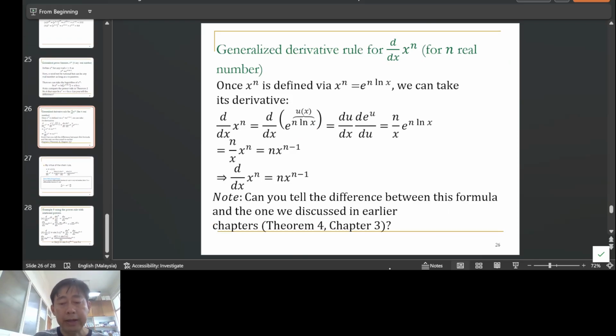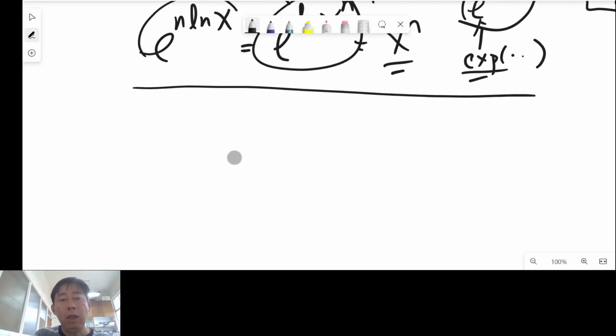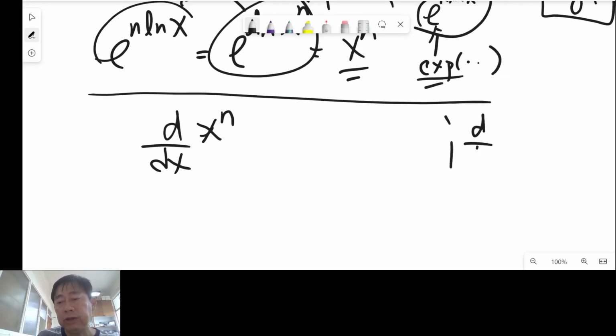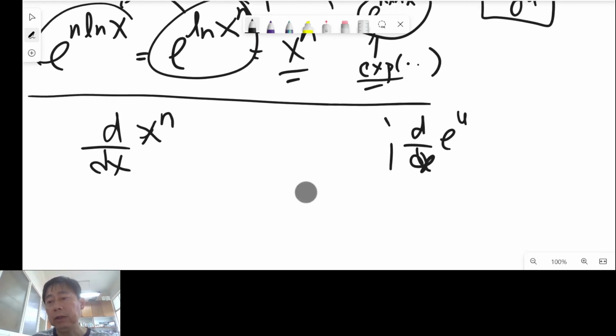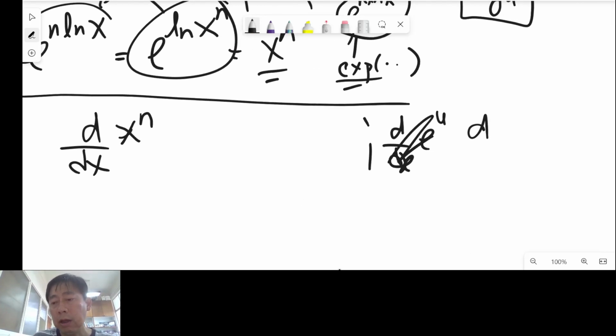The next thing you want to do is to calculate the derivative of the generalized power function. We have already done this for the generalization of the exponential function: the derivative of e^u is equal to e^u.